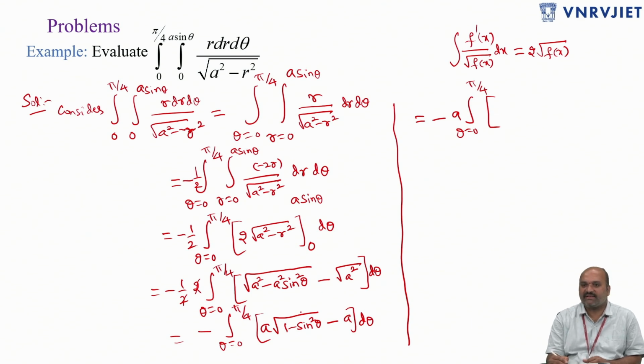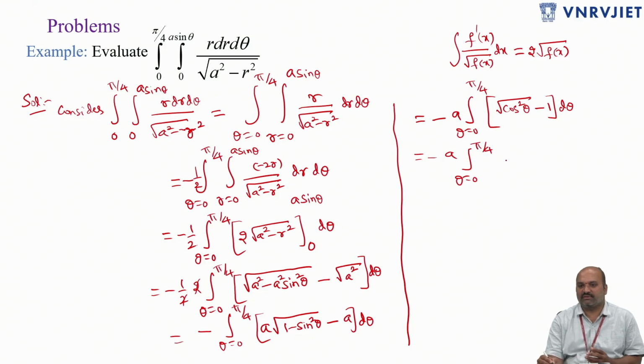As we know, 1 minus sine square theta is cos square theta. So root over cos square theta minus 1 into d theta, which is equals to minus a integral theta varies from 0 to pi by 4. What is square root of cos square theta? As you know, simple, the square root gets cancelled: cos theta minus 1 into d theta.